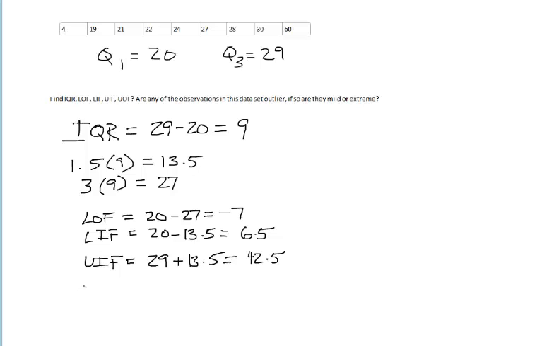And then we need our upper outer fence, which is going to be 29 plus 3 times IQR, or 29 plus 27, which is equal to 56.